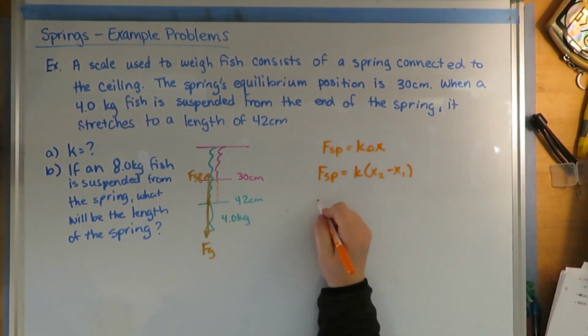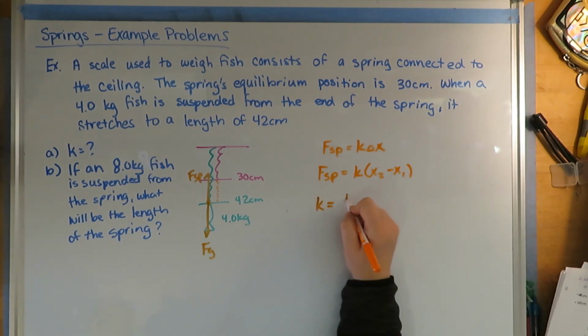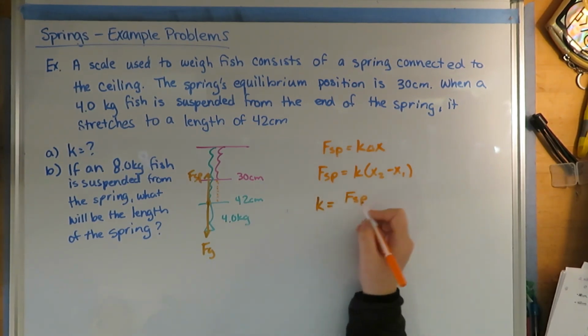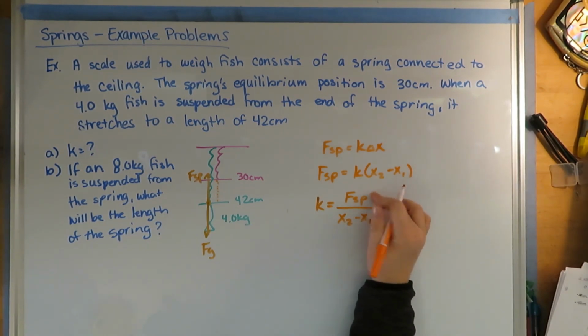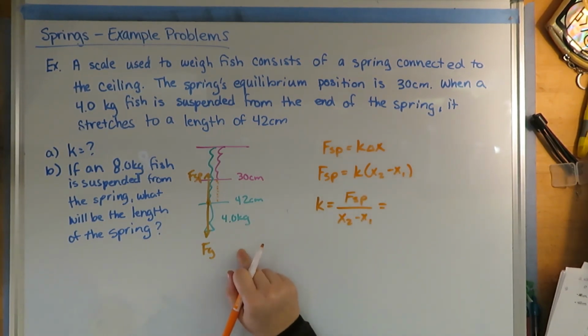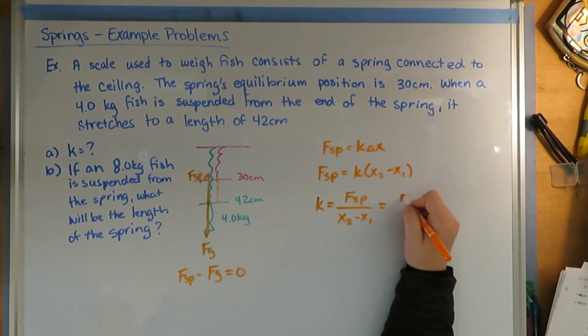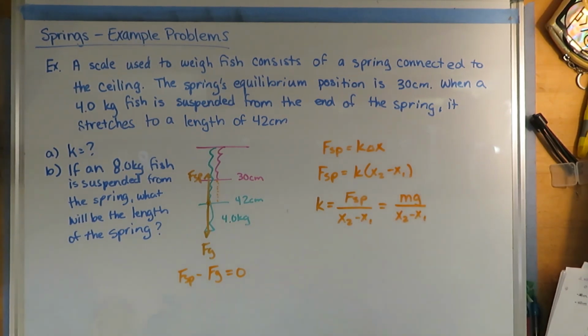So if I want to solve for K, K is going to equal my spring force over x2 minus x1, but that spring force is going to equal my gravitational force. Because my spring force minus my gravitational force would equal 0, since my net force is zero, those have to be equal to each other. And my gravitational force is m times g over x2 minus x1.